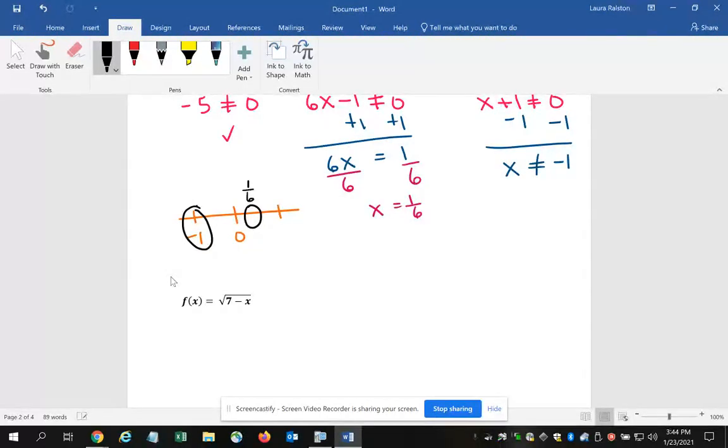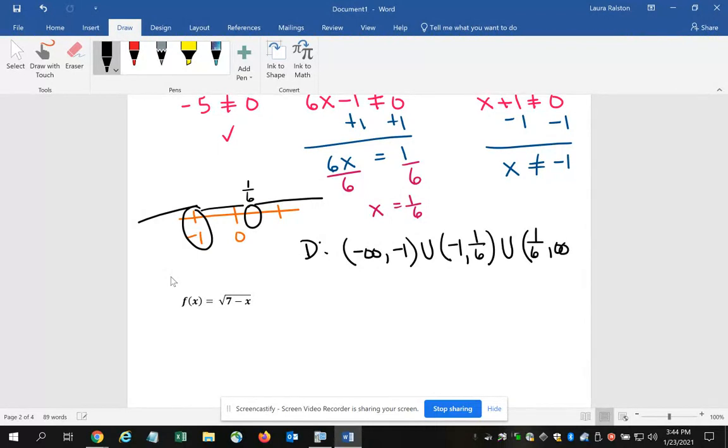But again, you can use anything to the left, anything to the right, and anything in between those two numbers. So ultimately, my domain goes from negative infinity to negative 1, step over the hole, from negative 1 to positive 1/6, step over the hole, from positive 1/6 to positive infinity.